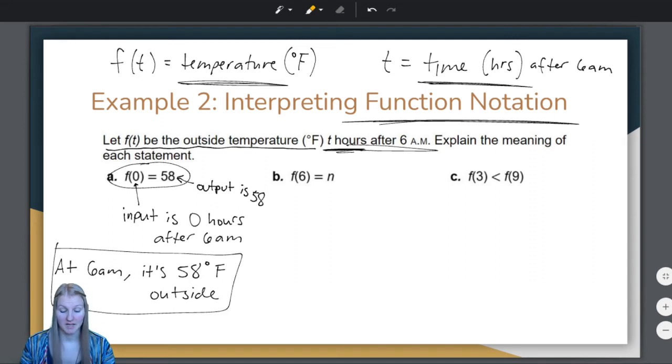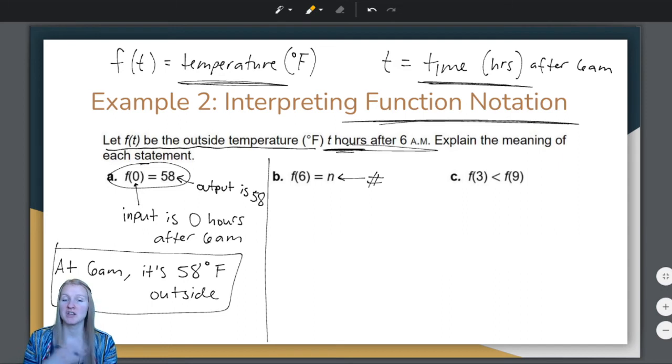Okay. Now, let's look at part B. f of 6 equals n. Okay? So remember, when you see letters in math, it's a number. When you see n, you see x, you see y, whatever it is that you see, it is a number.